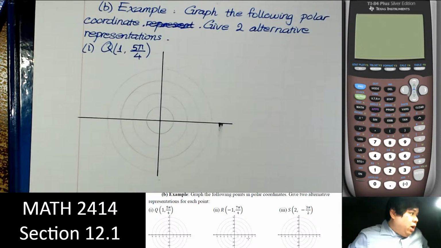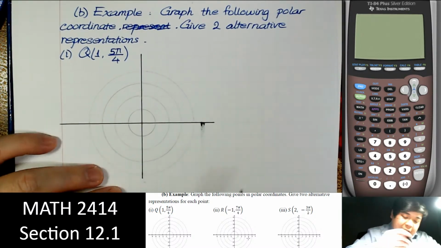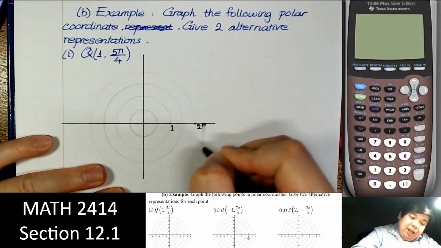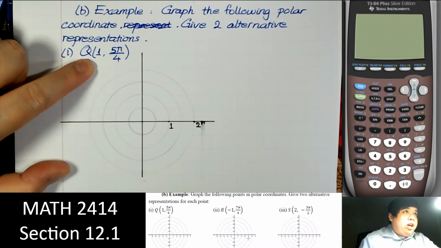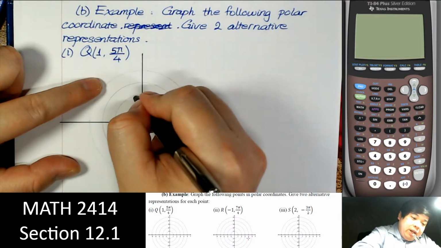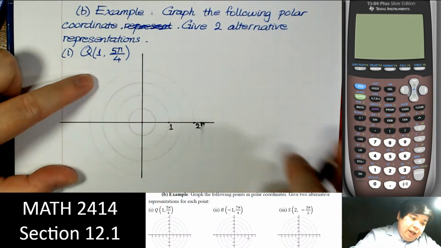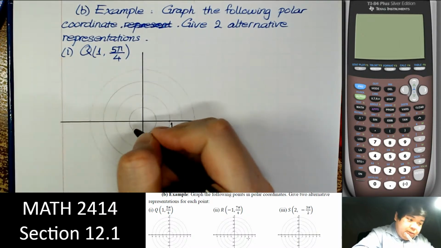So I have concentric circles like this. Let's just say this is 1 and that is 2, the radius that is, and then we just draw the circle. On this one the point Q is 1 and 5 pi over 4. It is 1, so this will be on this circle of radius 1. And then 5 pi over 4, that is 225 degrees, so this is going to be this point.